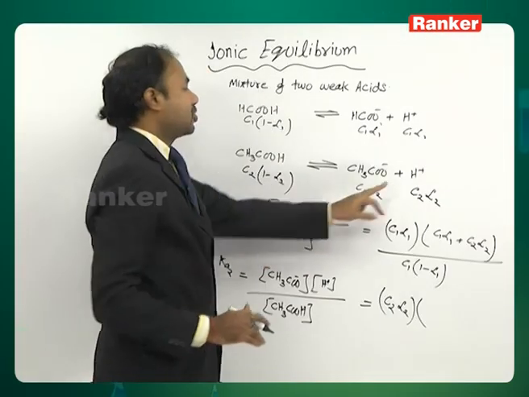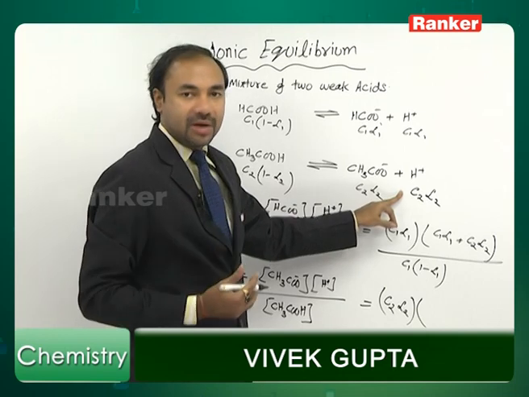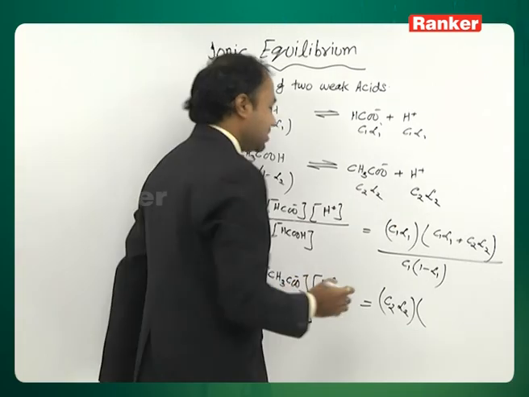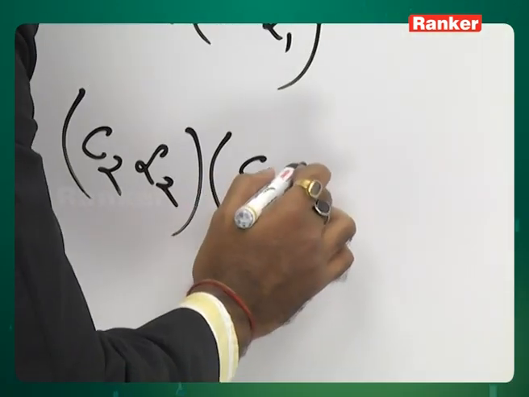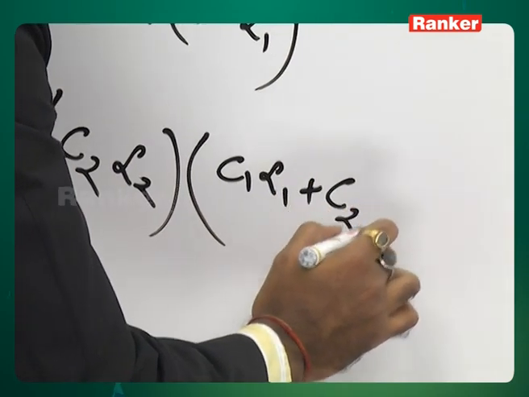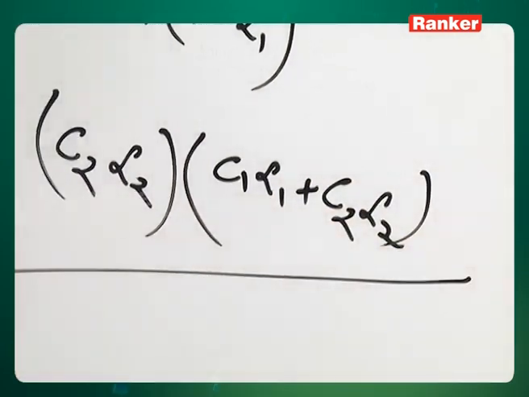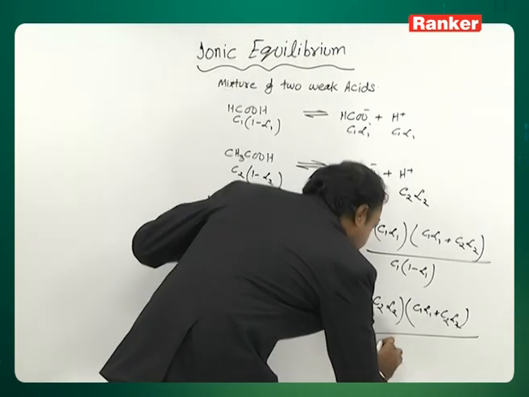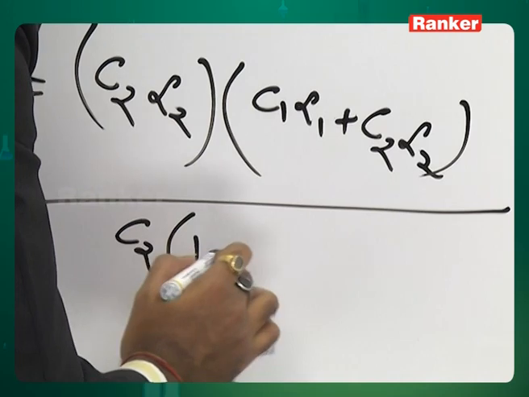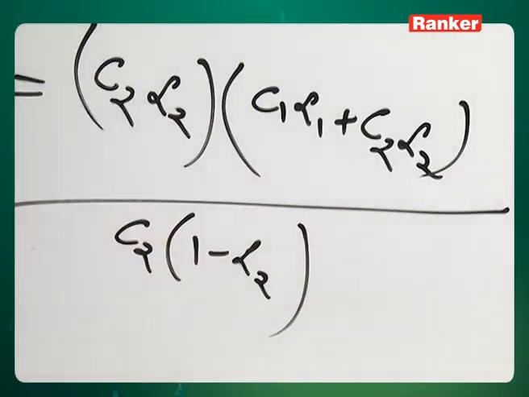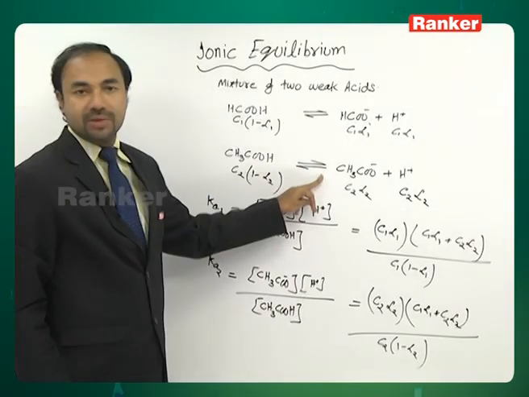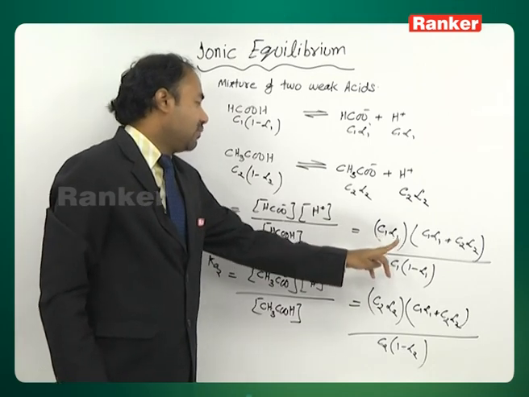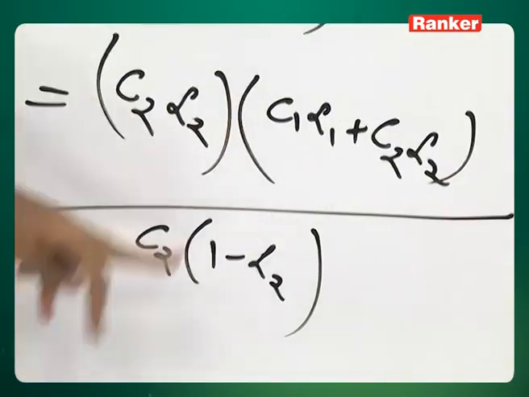Again, concentration of H plus ion will be kept as the total concentration of H plus ions, which is C1 alpha 1 plus C2 alpha 2, upon concentration of undissociated acetic acid, which is C2 into 1 minus alpha 2. We got two equations as well as two variables, which are alpha 1 and alpha 2.